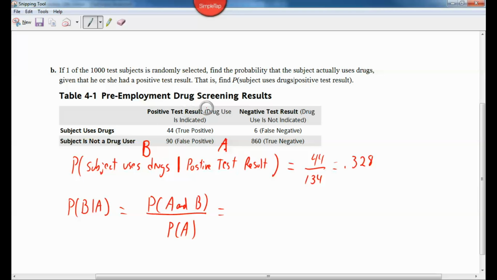So uses drugs and positive test result. 44 out of how many? 1,000.